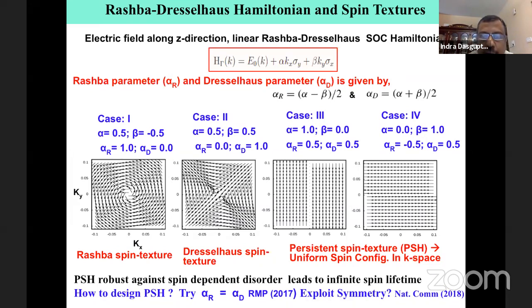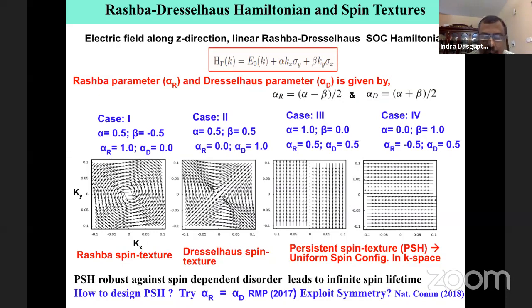For example, when you're designing a device, there will obviously be some impurities, and as a consequence the spin will lose its coherence and lifetime, and spin transport will not be possible. But if you have a system which can sustain a persistent spin texture, then you can guarantee a very high lifetime for such spins, making spin transport and device performance a possibility.